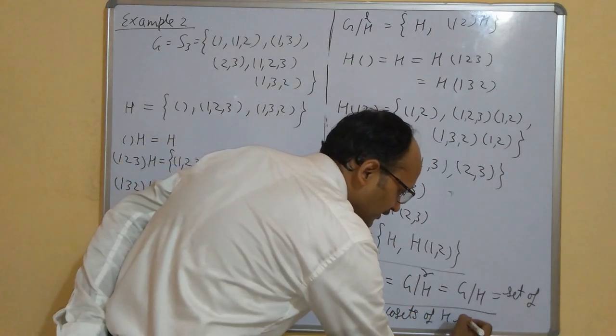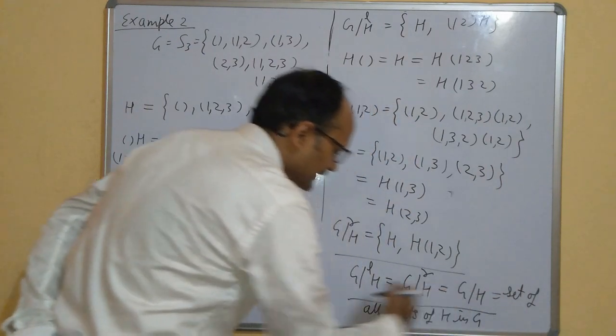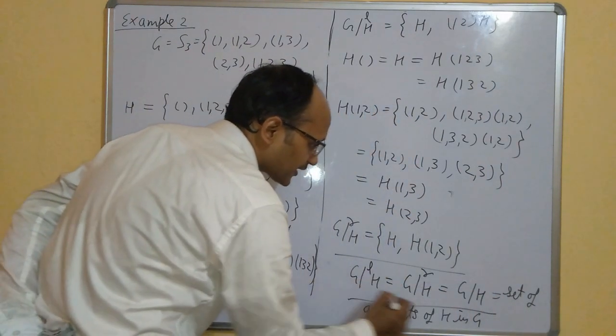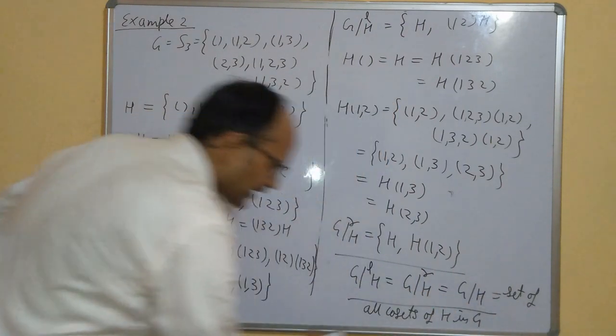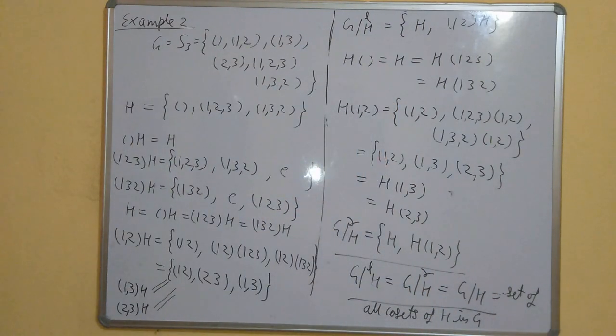But this is conditional. If these two are equal, then it is denoted as G/H and it is called the set of all cosets of H in G. And this happens in the case of a normal subgroup. So we will discuss normal subgroups later on.